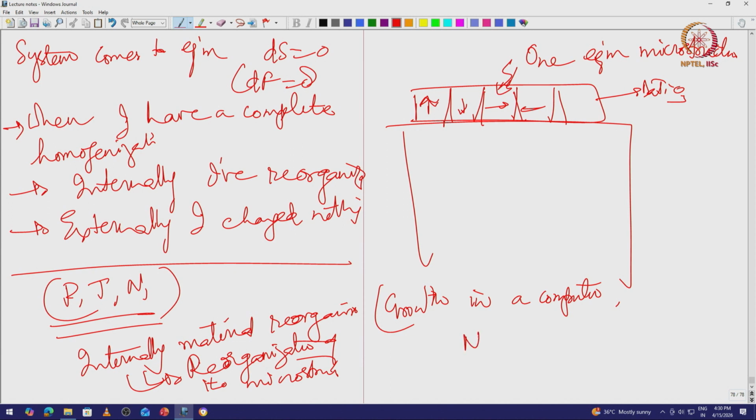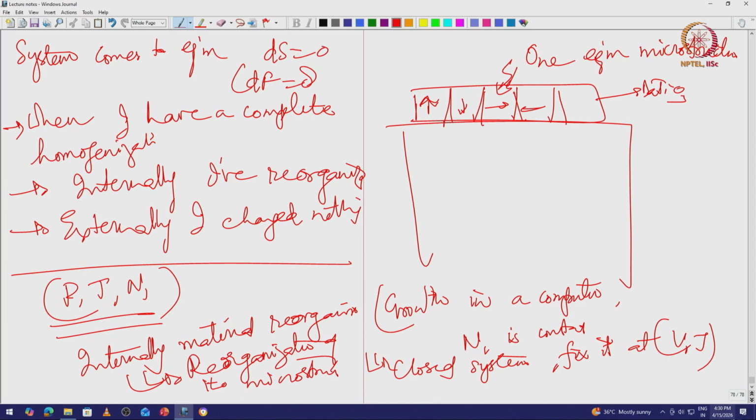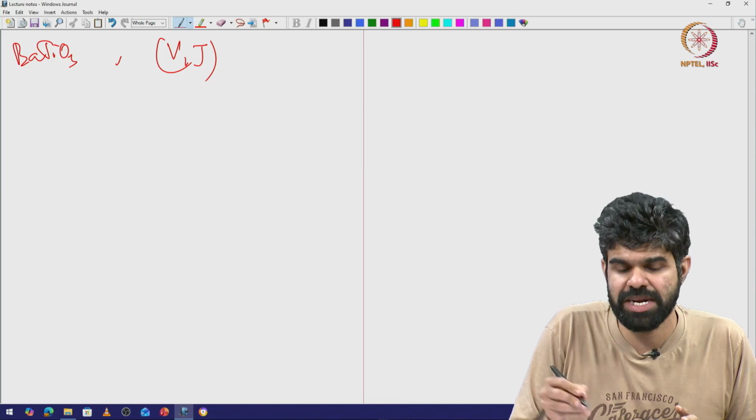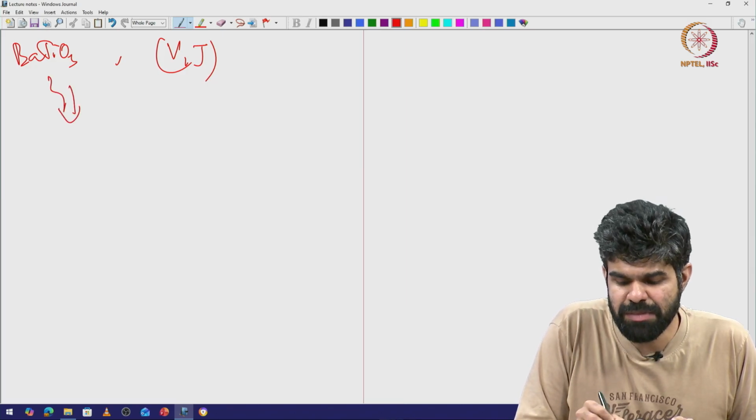I can say N1 is constant, or I can go back to a closed system, I can fix it at V and T, right. So in a computer I can fix V and T, right, and I say alright, barium titanate is at a particular V and T, right. So I fix the V and T and I say rearrange the microstructure.